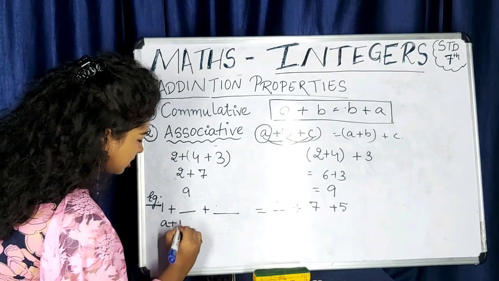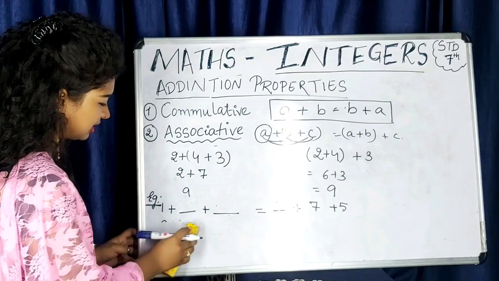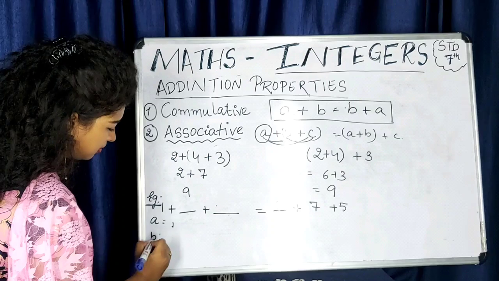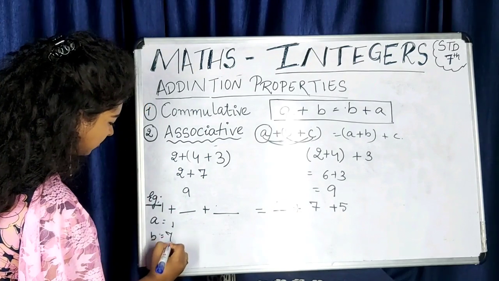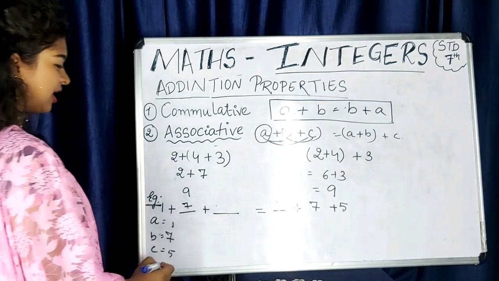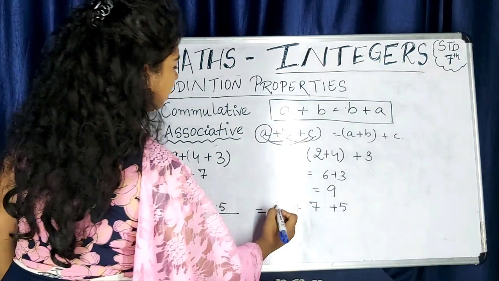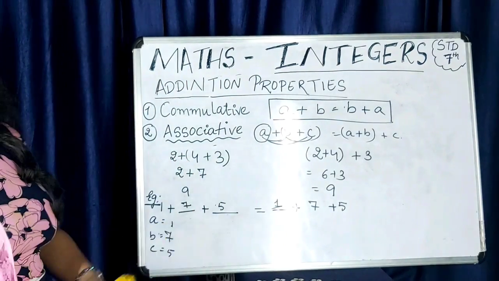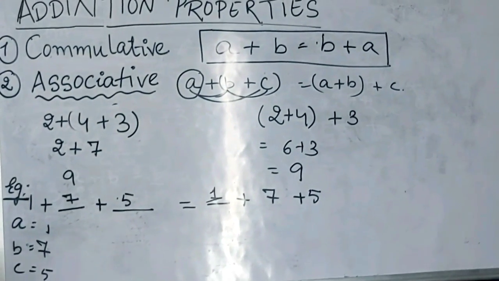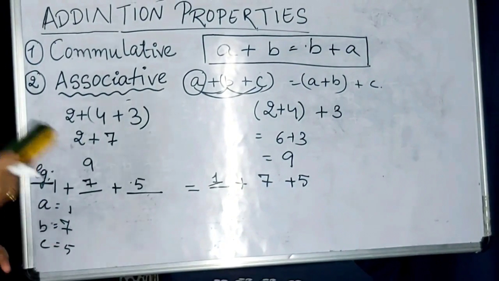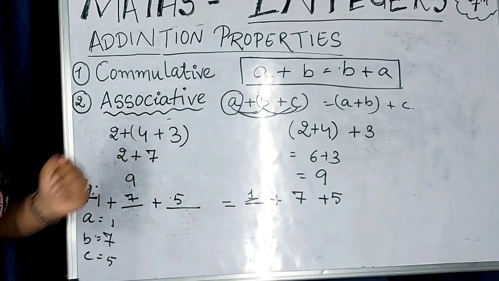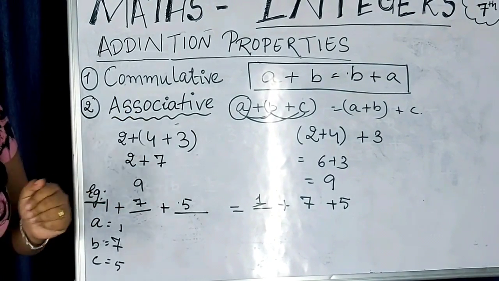A plus B plus C: the value of A is 1, the value of B is 7, the value of C is 5, and we can put it over here and get the answer. So this is what happens in associative properties. If there are three numbers, you can pair up any two numbers and add them with the third number. Okay, this is all about associative properties.